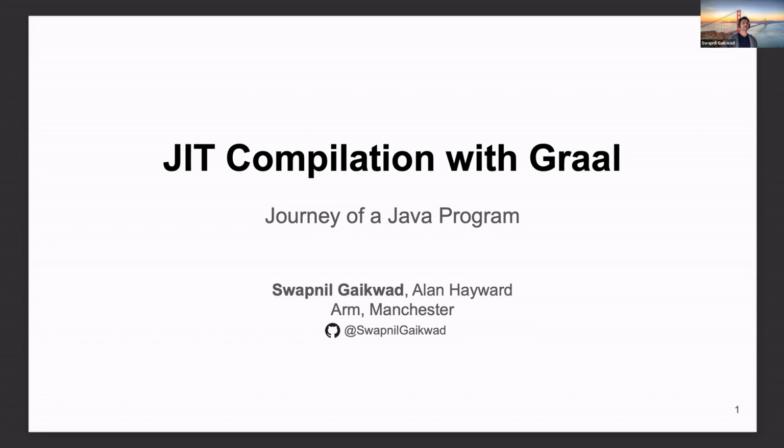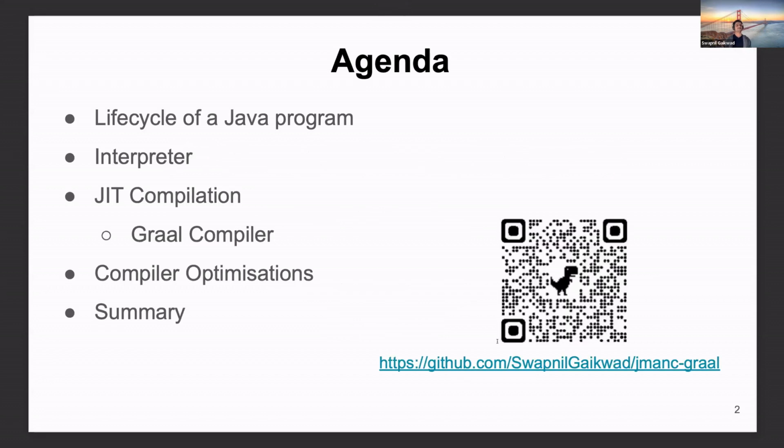So today, we will see if the clicker works. First, we'll look at overall how a Java program works, the life cycle of a Java program. And then we will take a simple program with a small method in it, and we'll see how it goes through different stages of execution. First, it gets executed by the interpreter.